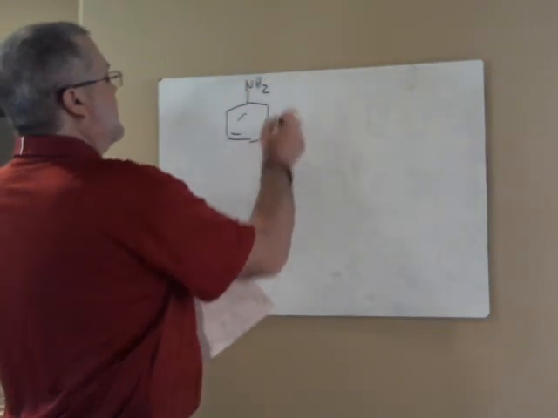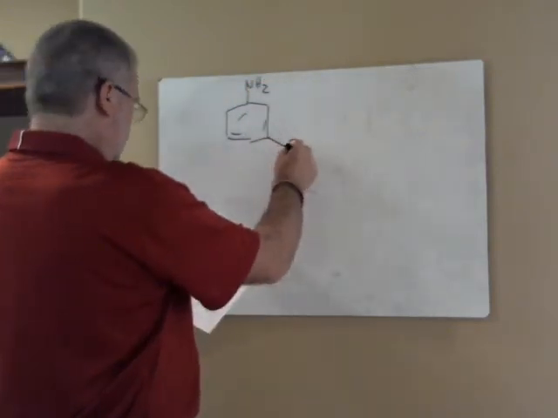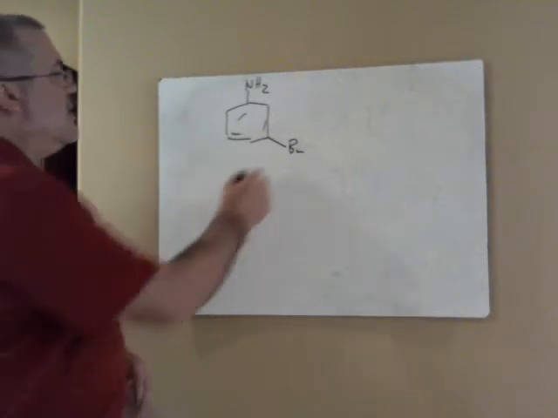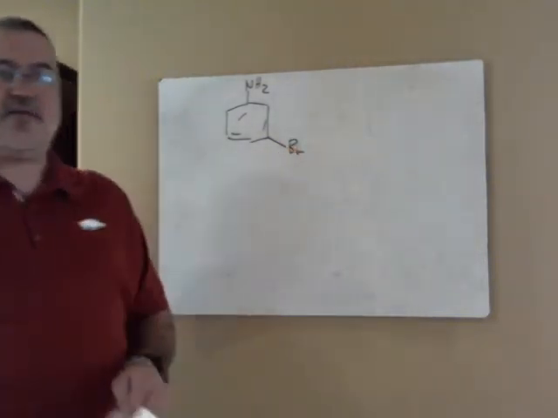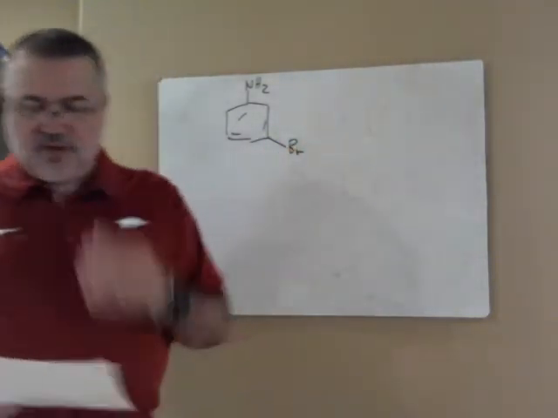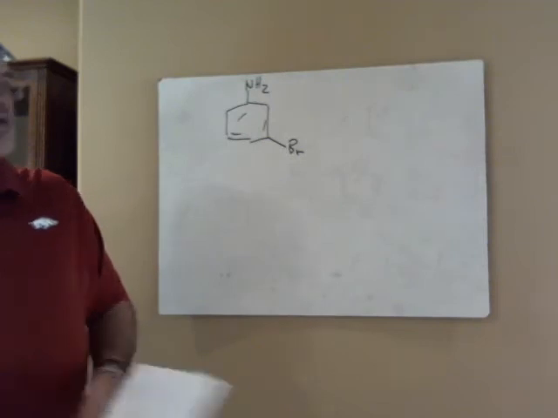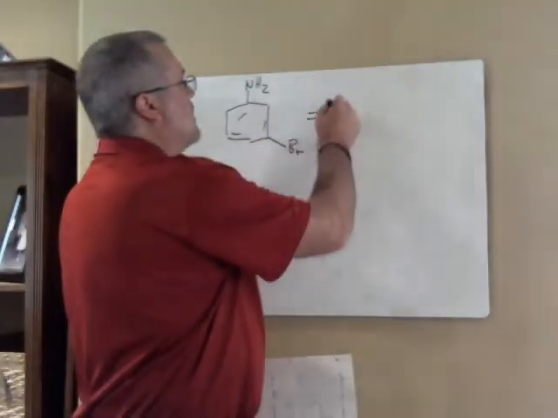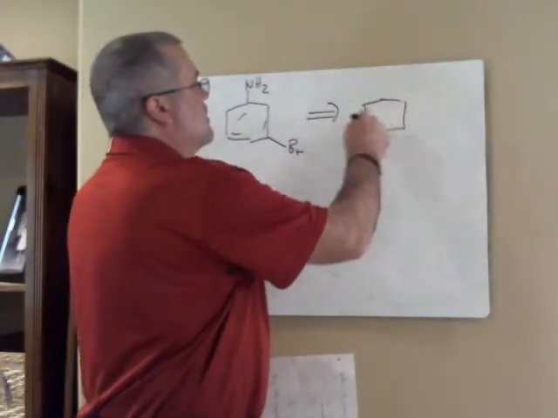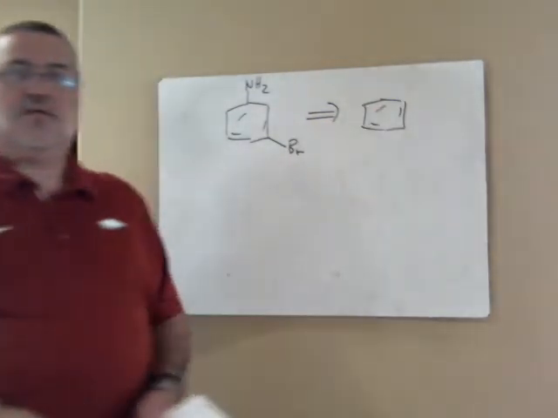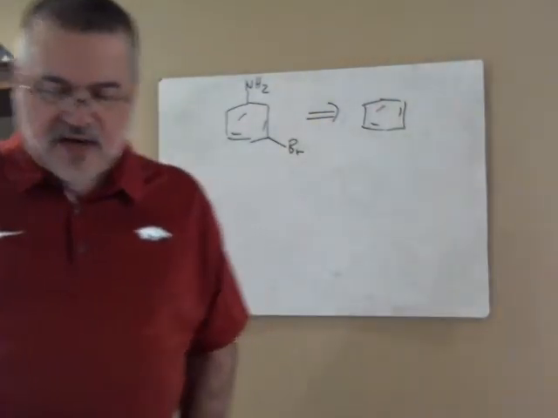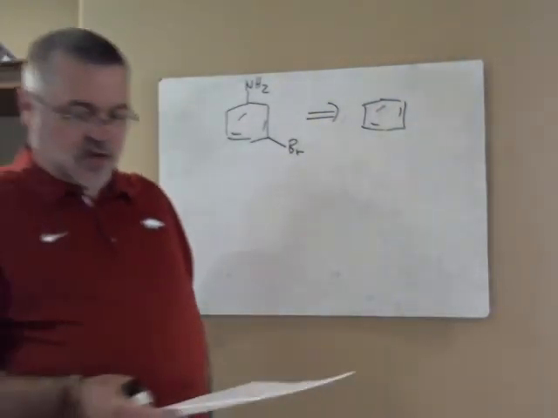Let's put an amino group there and the bromine. And let's say we want to synthesize that. How would we do that, starting from benzene? So how would we change our synthesis? What would we do?